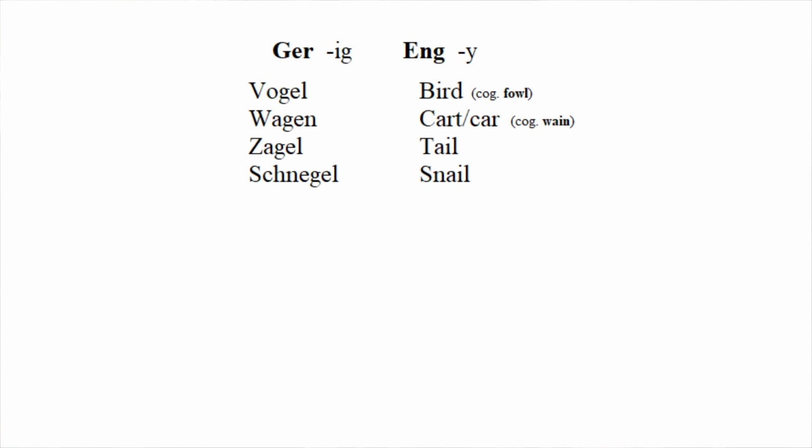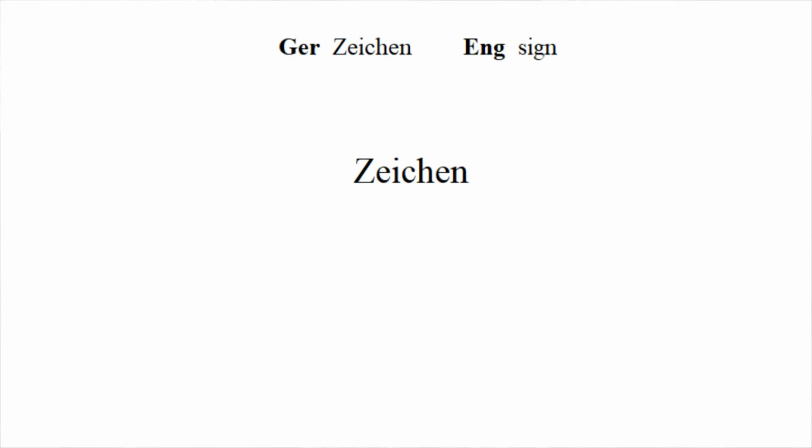One word I found quite interesting was Zeichen, because the meaning is sign, and I always assumed it was a cognate of sign, not really knowing the correspondences very well, because it sounds a bit like sign, but it's not actually, it's a cognate of token, as you might already have worked out. And that goes back to the I becoming O thing that we were talking about earlier. And lo and behold, in Old English, the word taken is used for the same thing.